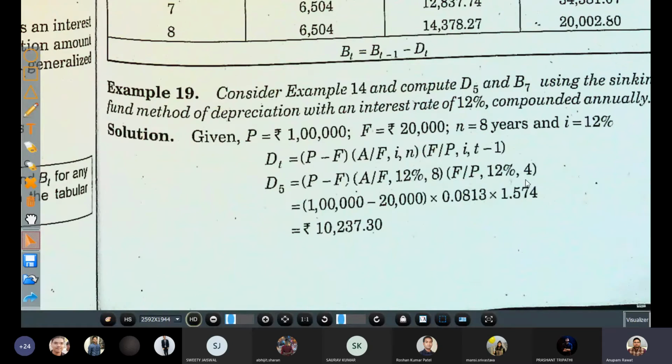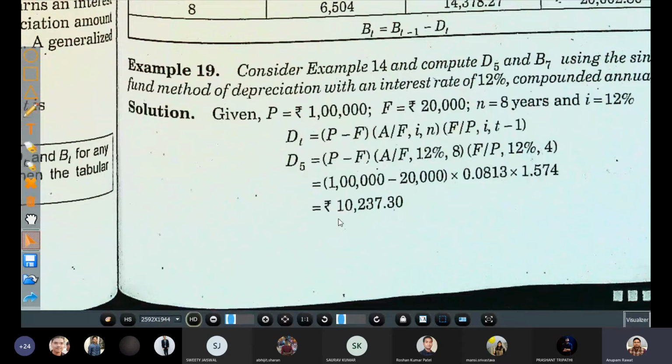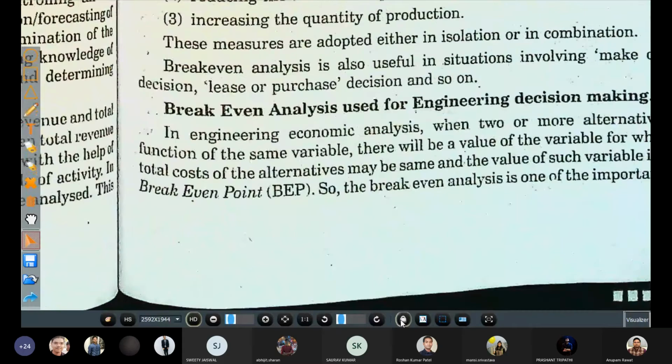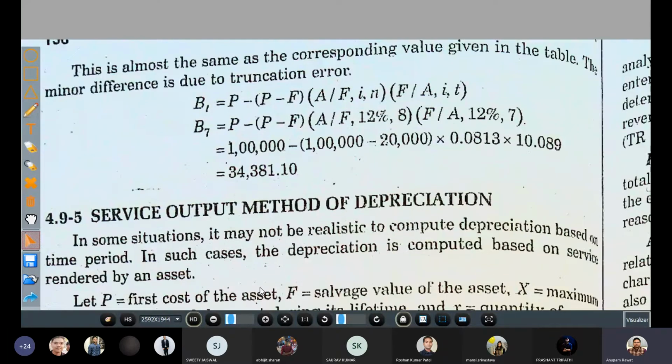So that will be calculated as 10,237.30. That is D5. And in a similar way, D7 will be calculated using the formula.